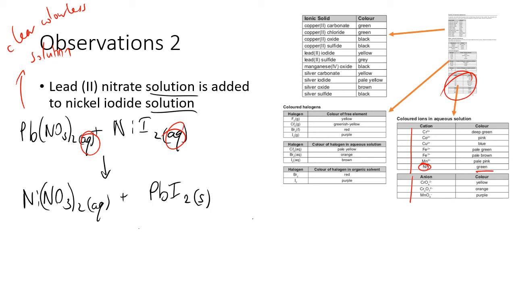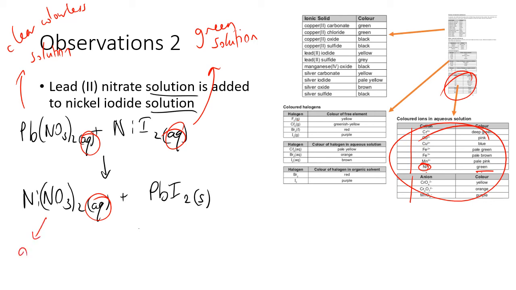Iodide is nothing, so this is a green solution. Alright, so you've got a green solution and a clear colorless solution, and they're mixed together. It's going to form, let's have a look, this is another aqueous solution, so we're looking back down here again, and again it's nickel, and again it's green, so this is going to be a green solution.